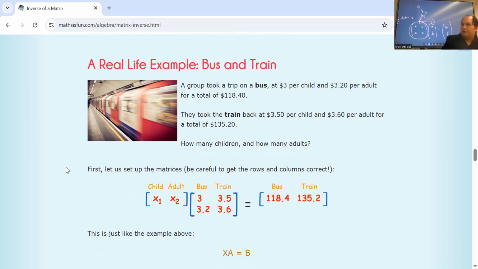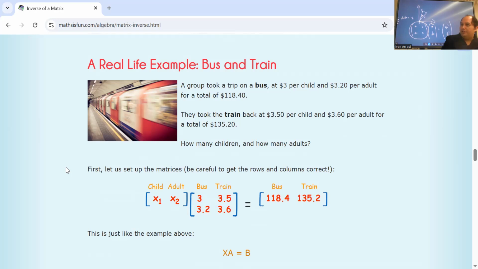And then you multiply on the left by two variables, number of children, number of adults. This is a vector. And this is a matrix multiplication. And you know that the total they spent by bus is 118.4, and what they spent by train is 135.2.